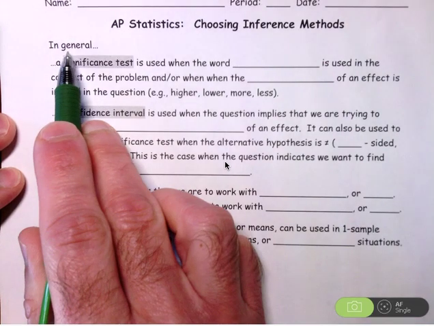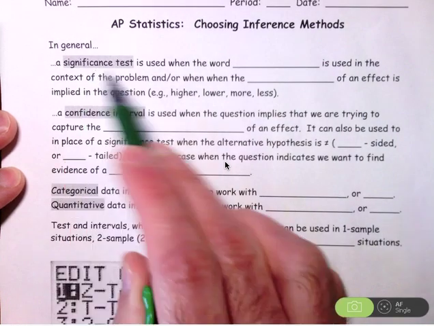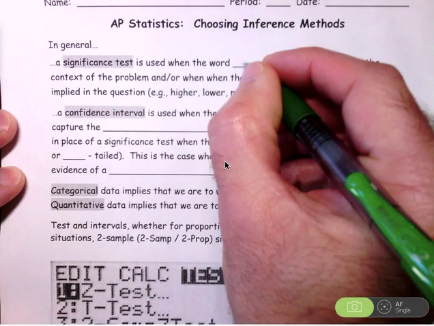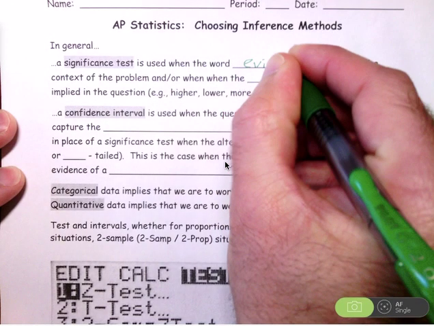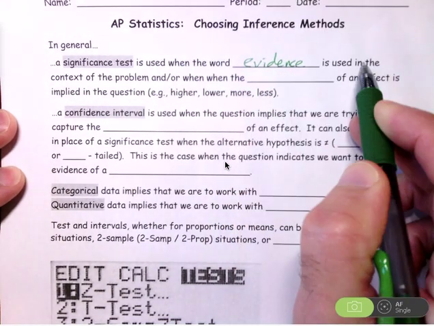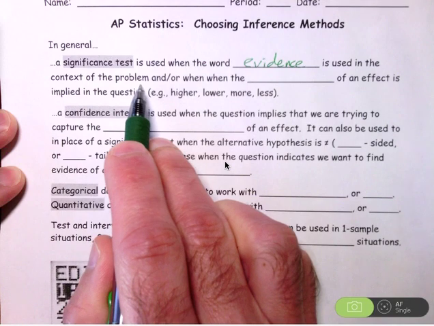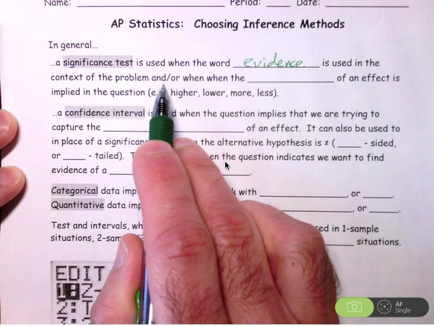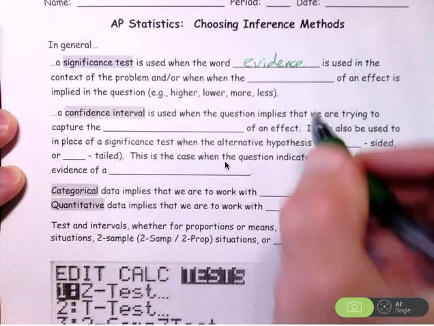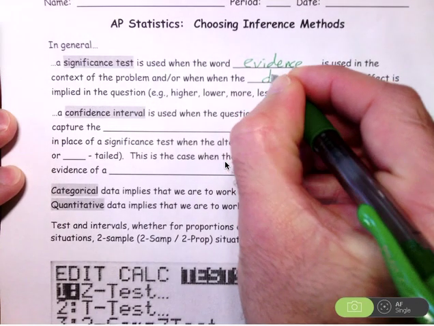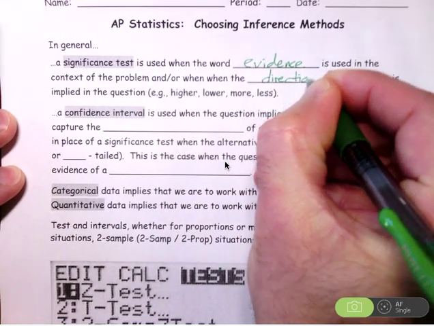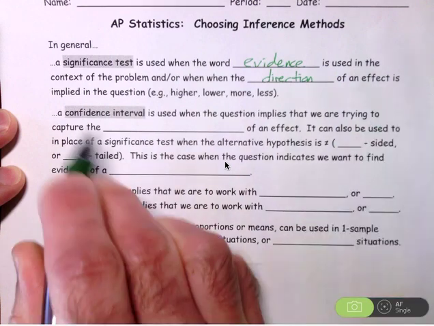So, in general, a significance test is used when the word evidence is used in the context of the problem. And it also needs to be used when the direction of an effect is implied in the question.